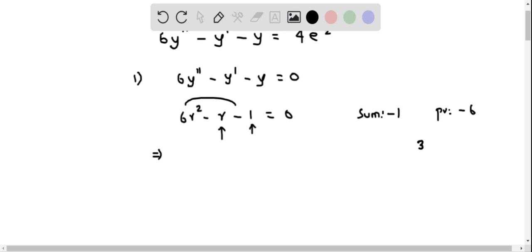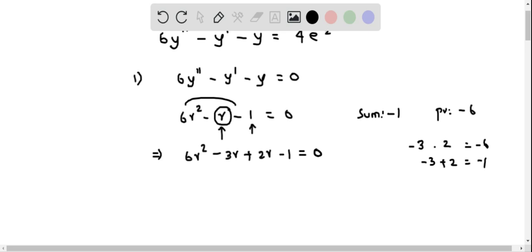If we have negative 3 and positive 2, the product will be negative 6 and the sum will be negative 1. So we split the middle term as negative 3r plus 2r, and we can write this as 6r squared minus 3r plus 2r, and then negative 1, and this equals 0.